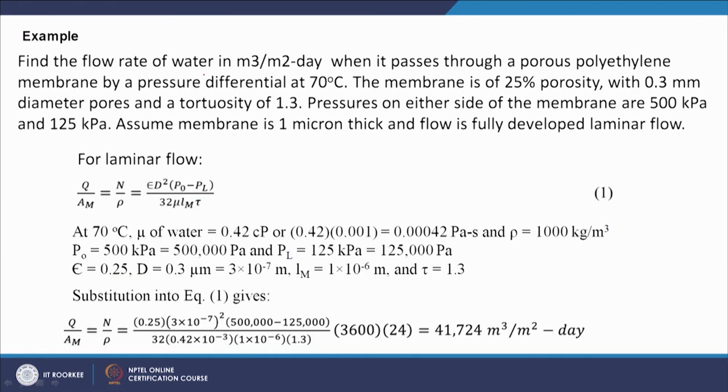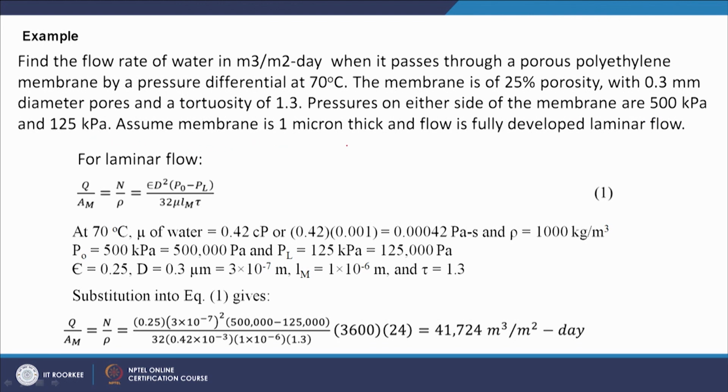Find the flow rate of water in meter cube per meter square per day when it passes through a porous polyethylene membrane by a pressure differential at 70 degree centigrade. The membrane is of 25% porosity with 0.3 micrometer diameter pores and a tortuosity of 1.3. Pressures on either side of the membrane are 500 kilopascal and 125 kilopascal.